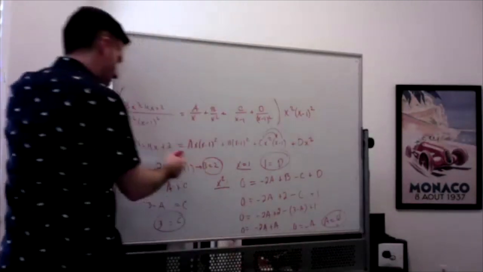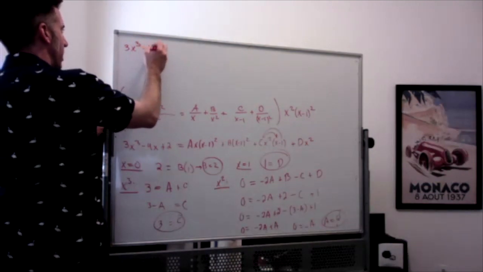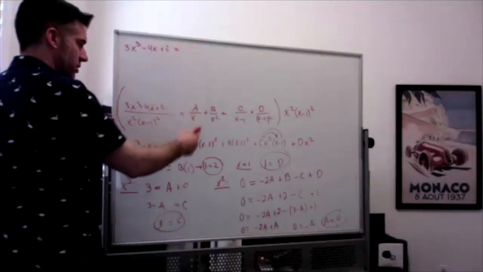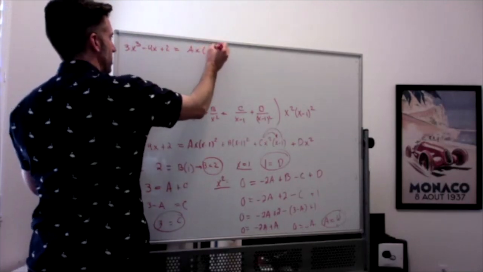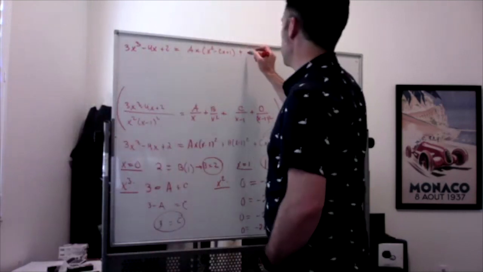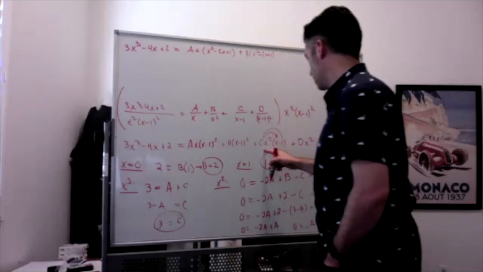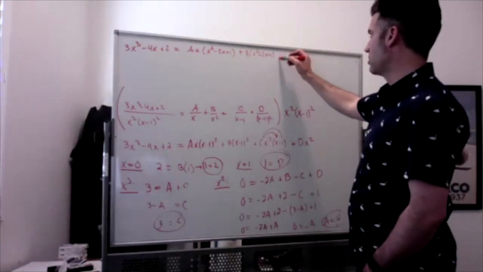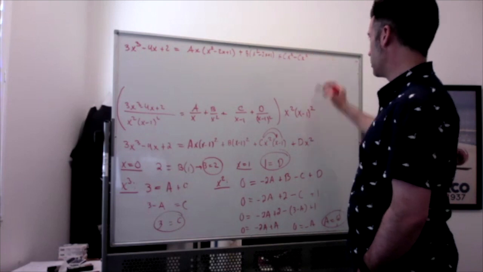So if you multiply out the whole thing, here's what I'm really saying. 3x cubed minus 4x plus 2 equals ax times x squared minus 2x plus 1. This is b times x squared minus 2x plus 1. This is cx cubed minus cx squared. This is dx squared.